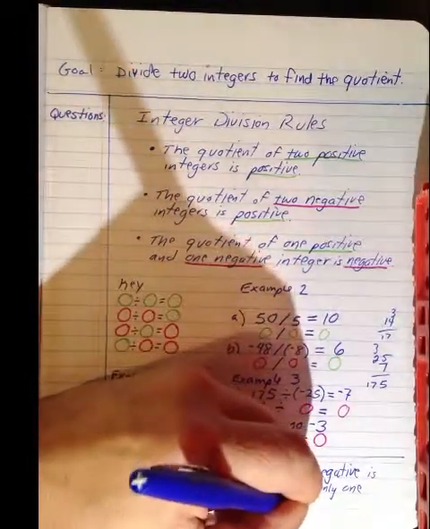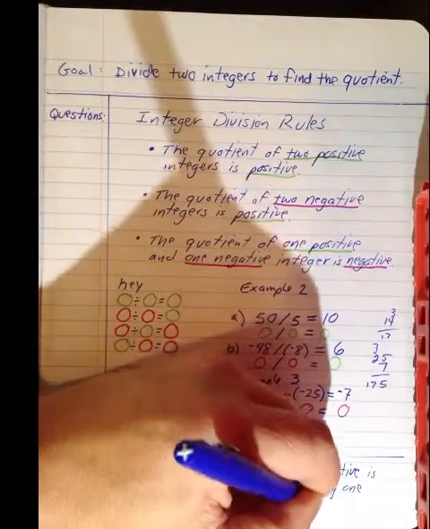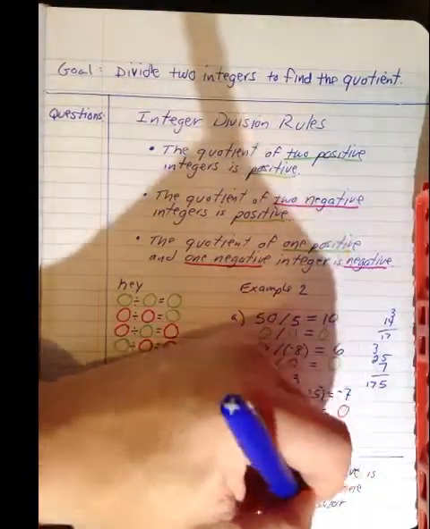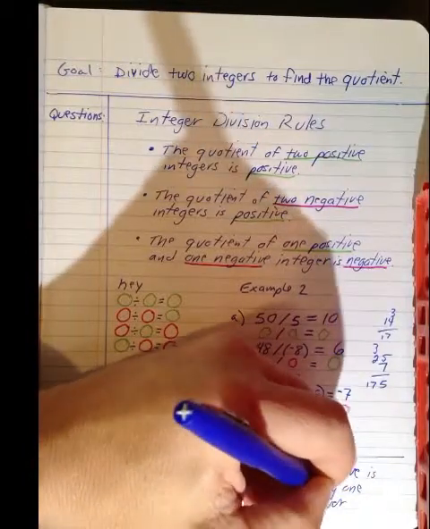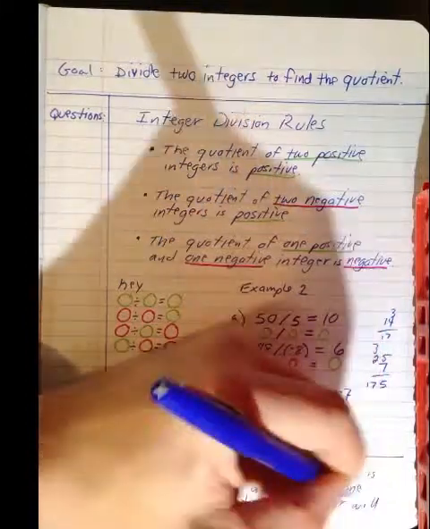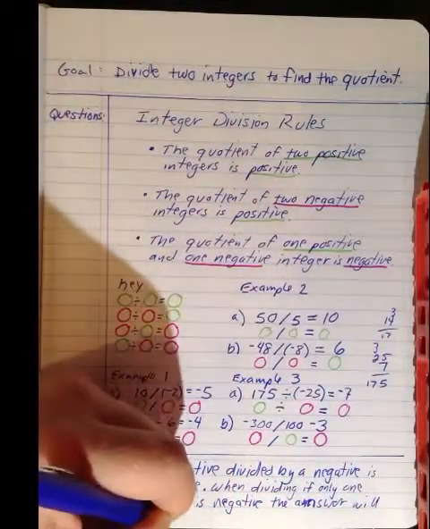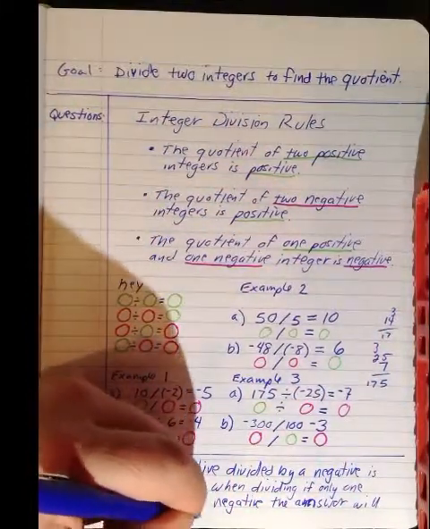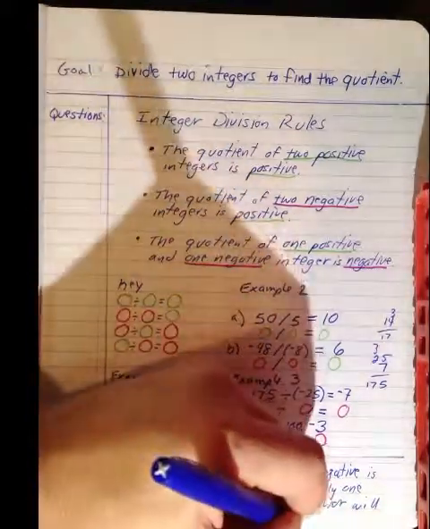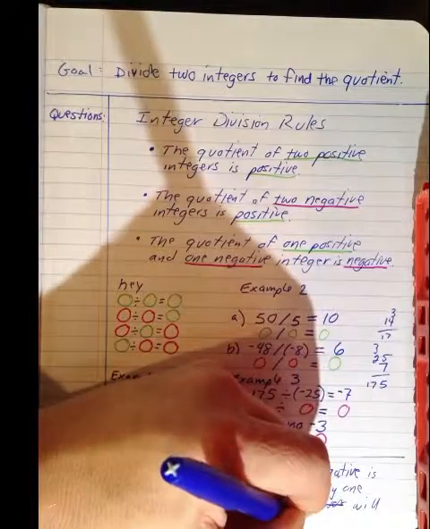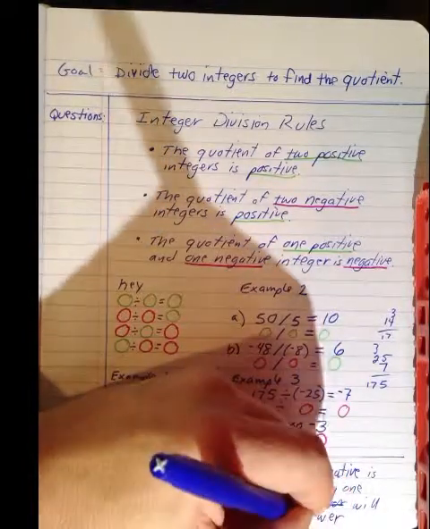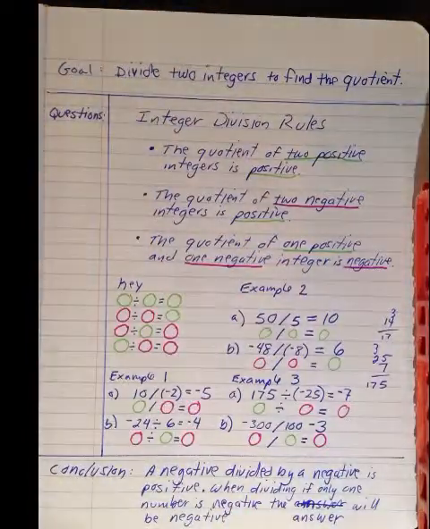You can write your own conclusion. You don't have to write the conclusion that I put, but you can take a look at what I wrote. So a negative divided by a negative is always positive, but if there's only one negative when dividing, the answer will be negative.